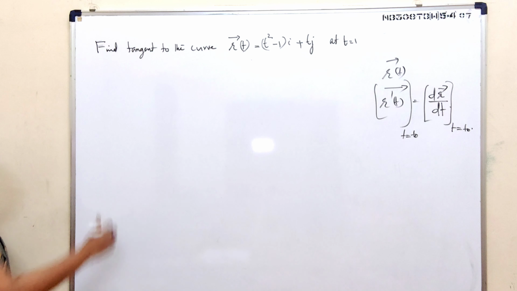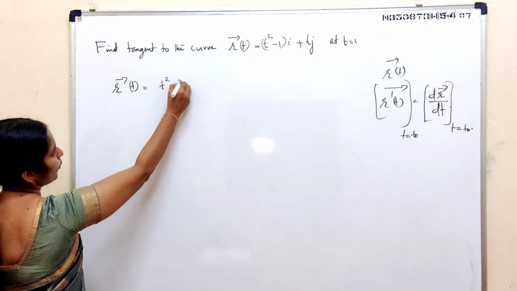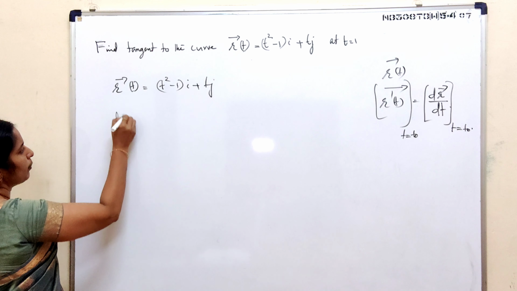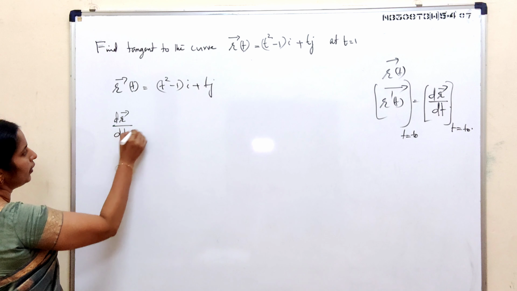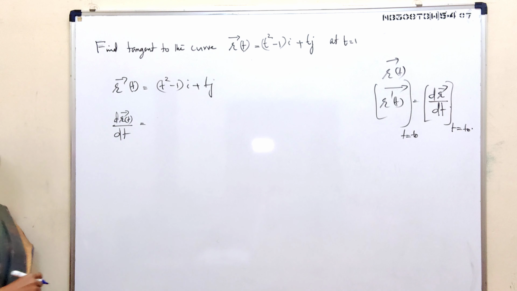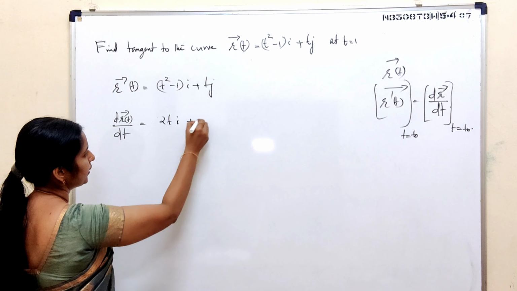So here the curve is given as (t² - 1)i + tj. So what is dr/dt? You have to differentiate with respect to t. It is 2ti + j.